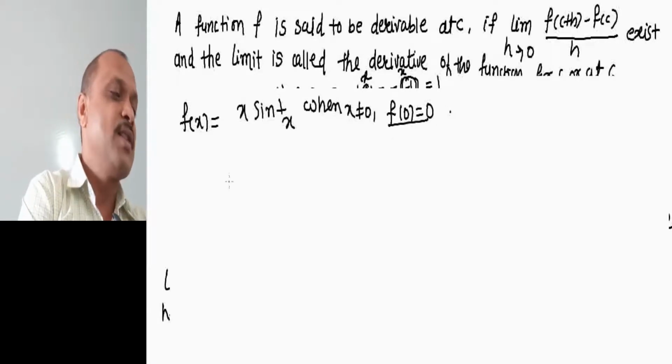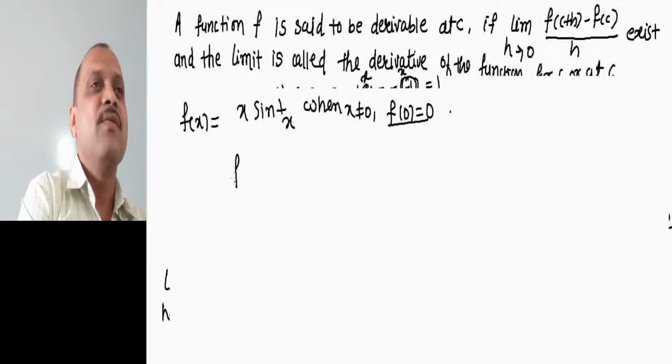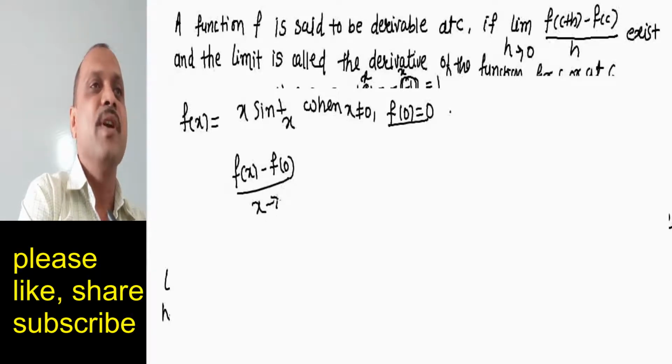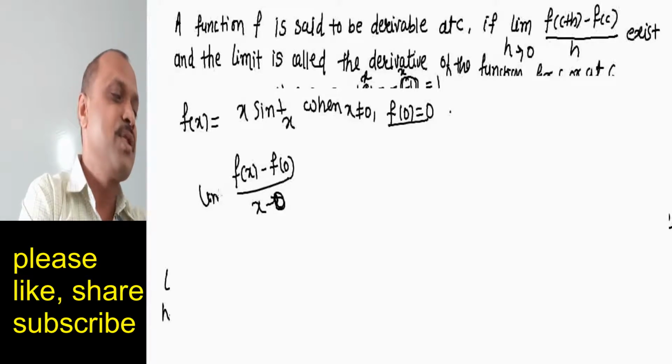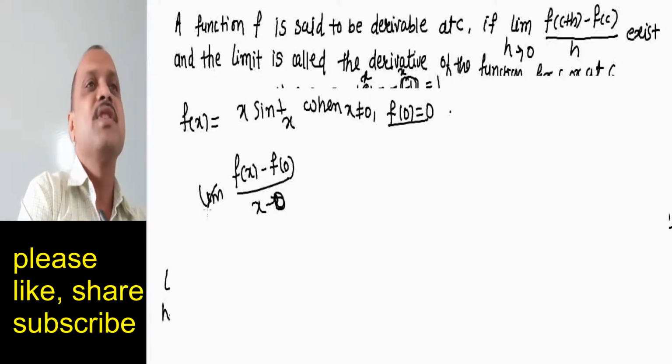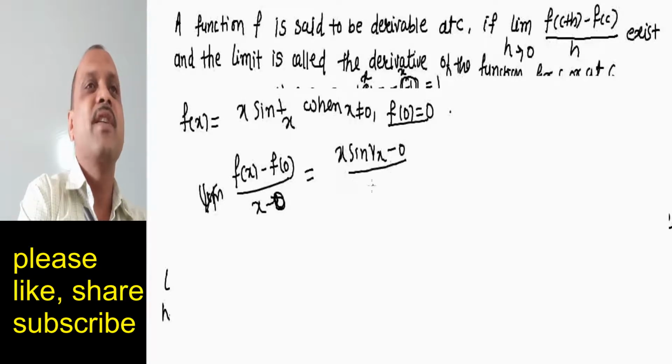To find the derivative, again we write it as f of x minus f of 0 divided by x minus 0, as x tends to 0. This is another definition. Let us calculate first, and apply the limit later on. So, x sine 1 by x, f of 0 is 0, divided by x.